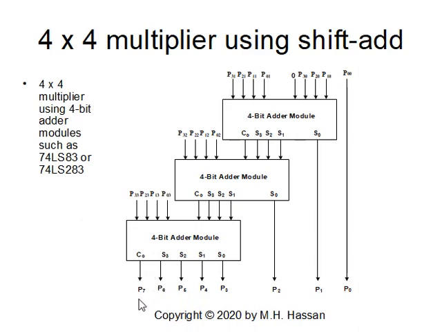By this, we simplified the implementation by using 3 4-bit adder modules instead of 12 full adder modules. So this is really a big saving on the number of chips used.